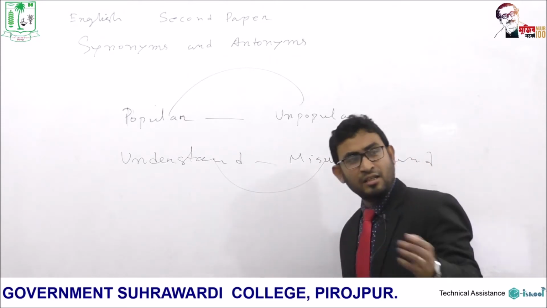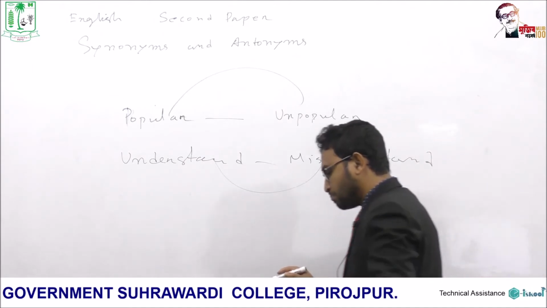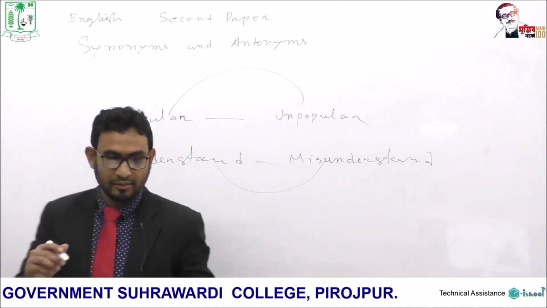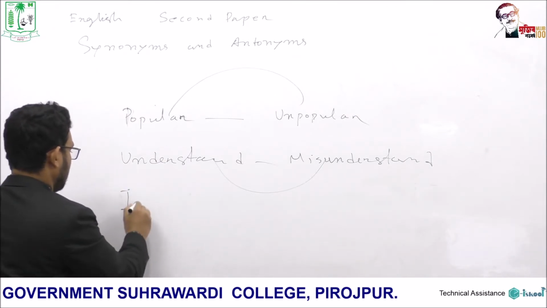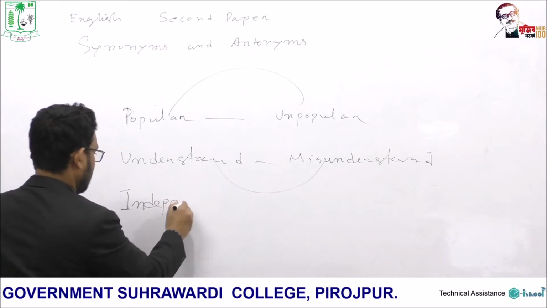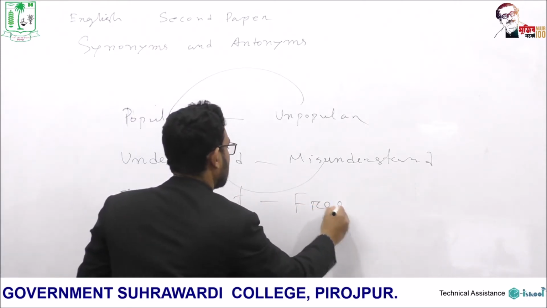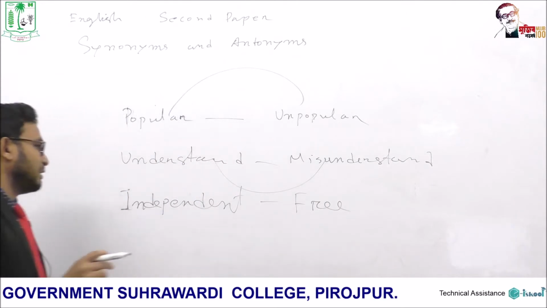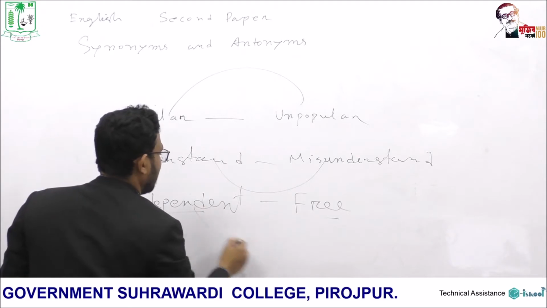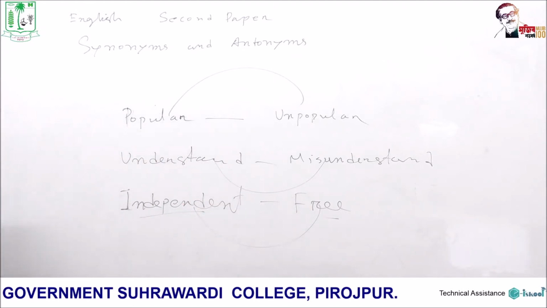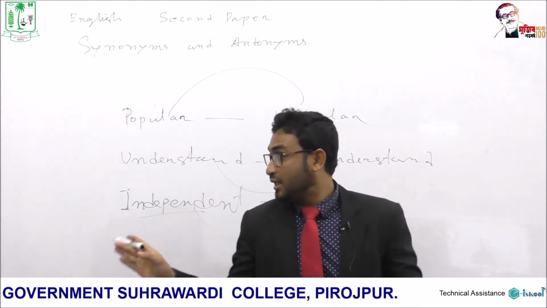Okay, I am writing another pair of words, and that is independent and free. Look at this pair of words, independent and free. Can you understand the relationship between this pair of words? That is, these two words, free and independent.